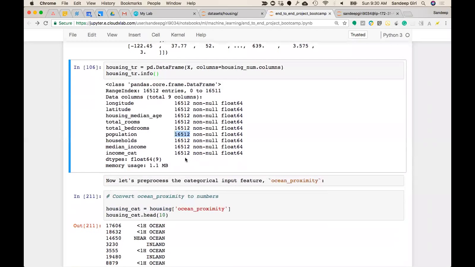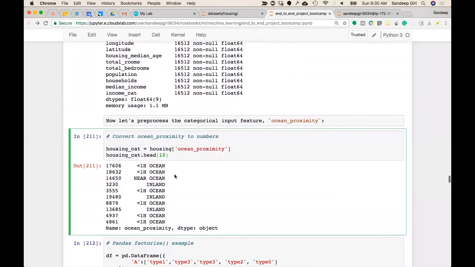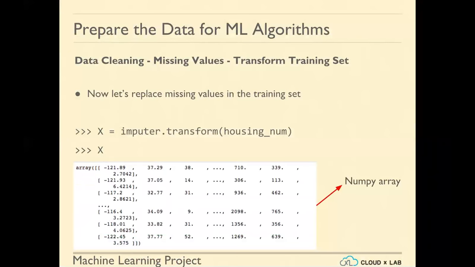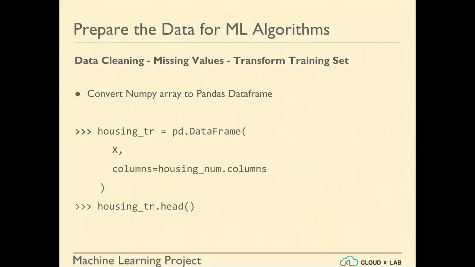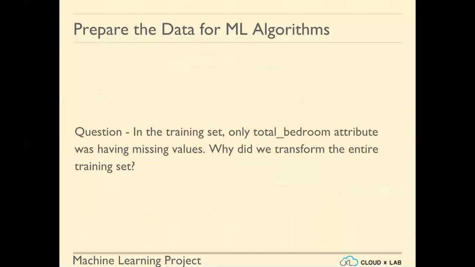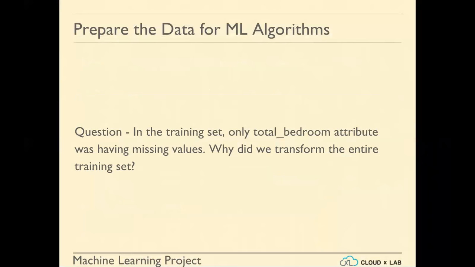This time all the columns have all the values, which means our imputer did work.